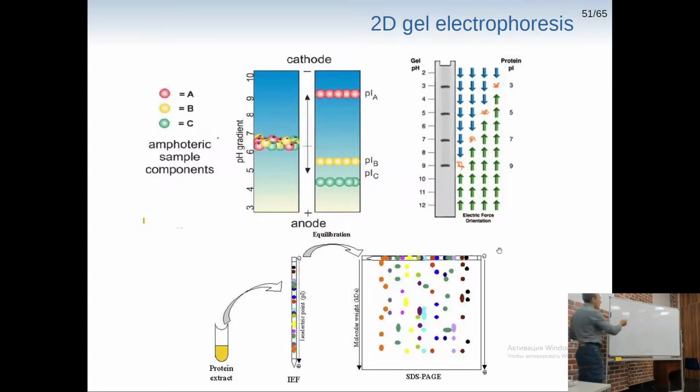For instance, if we have fully reduced protein, or protein which still contains some disulfide bonds in it, which will migrate faster? The same amino acid sequence, but different.